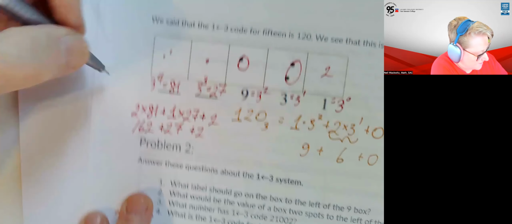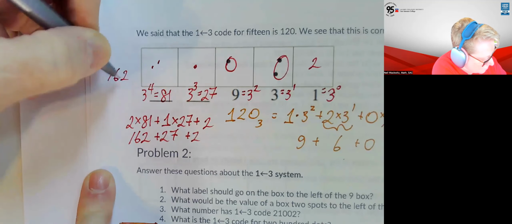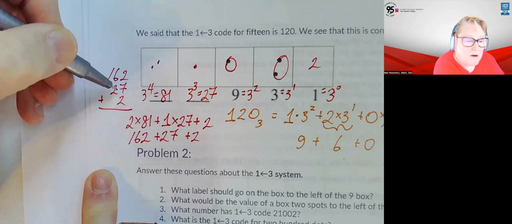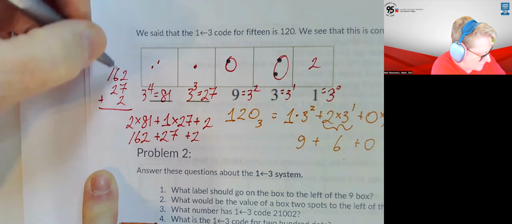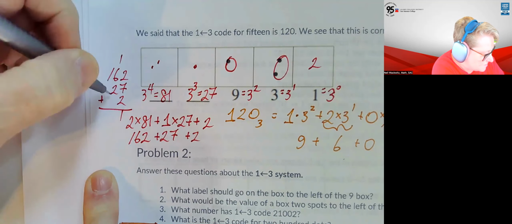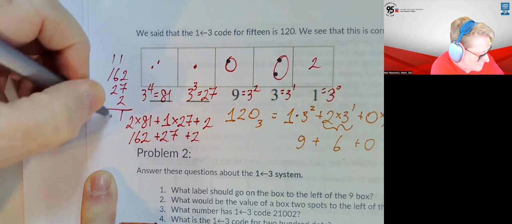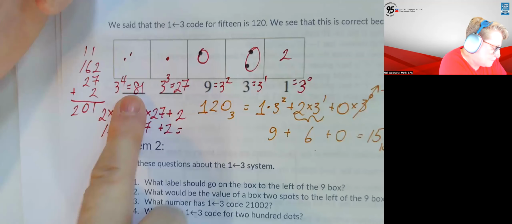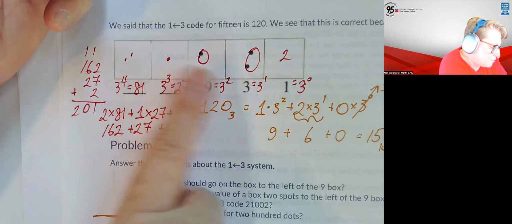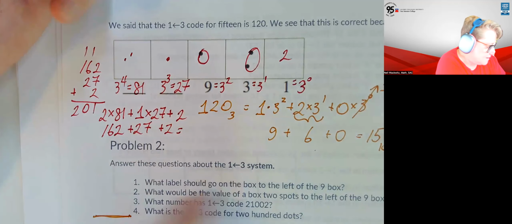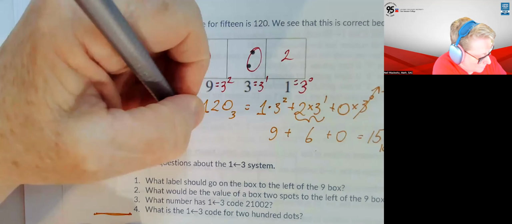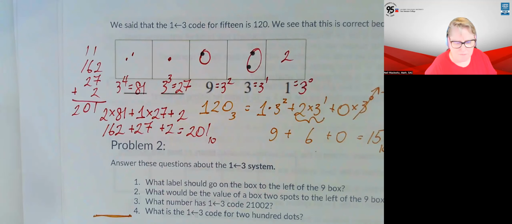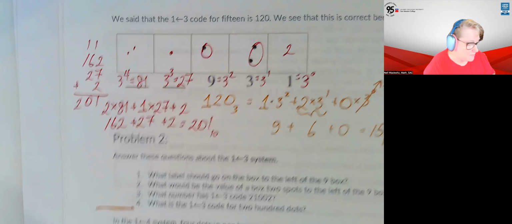Let's see, I'm just going to cheat and add it. 162, 27, and 2. 2 and 7 are 9, plus 2 more, that's 11. 6 and 2 are 8, plus 1 is 9, and then we get 2. So the number 21002 base 3 is equivalent to the number 201 base 10. Do you see how that works, kind of? Okay, great.